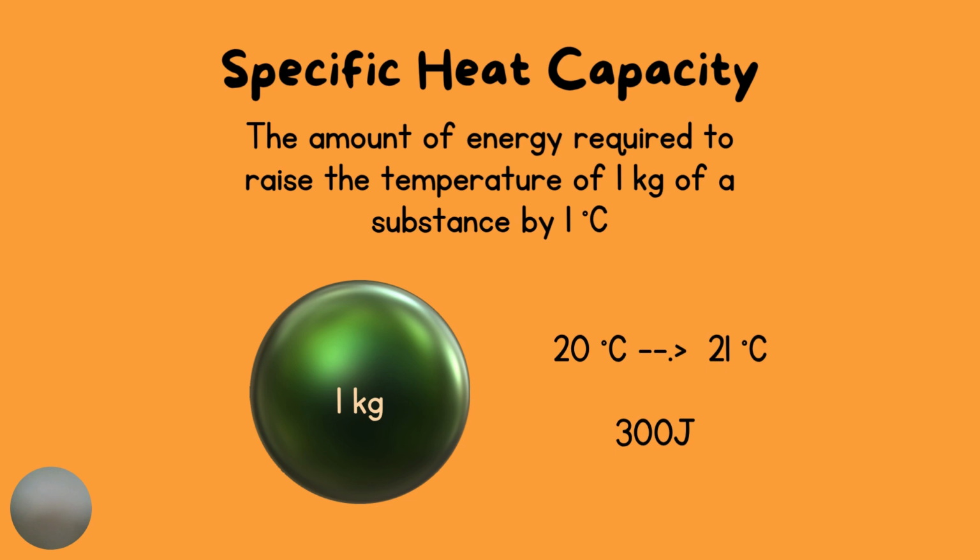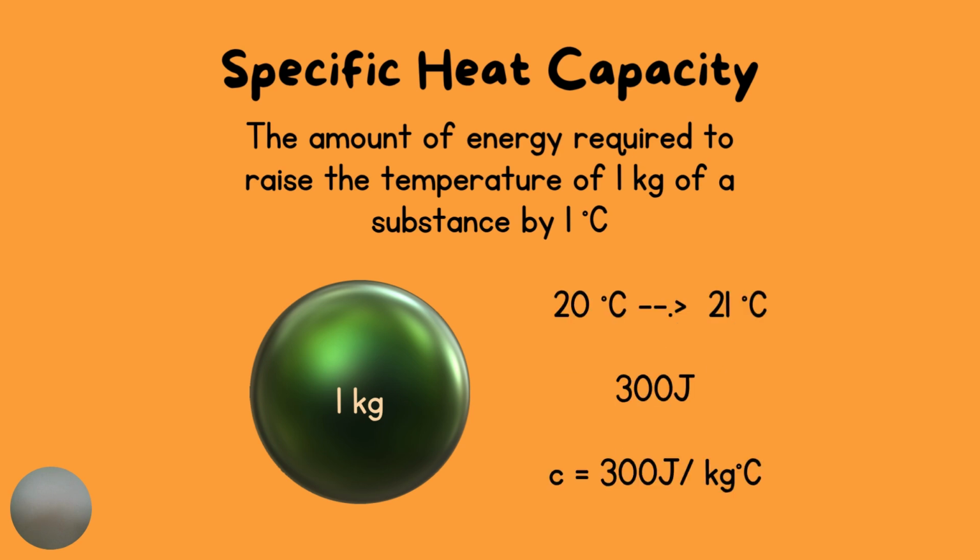So it is the amount of energy required to increase the temperature of the substance. How do we write it? We write it as 300 joules per kilogram per degree Celsius, because this is the amount of energy needed per kilogram per degree Celsius. You have to remember the unit, because in IGCSE they are very particular about the unit.